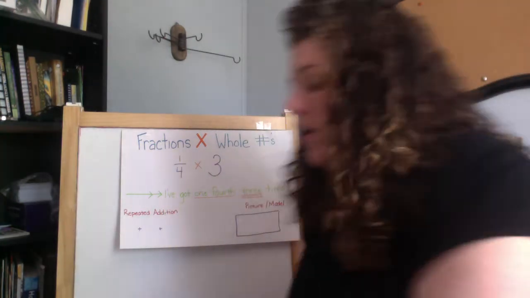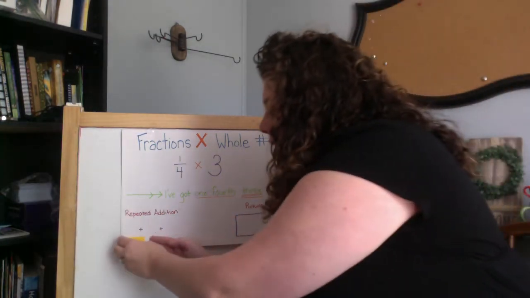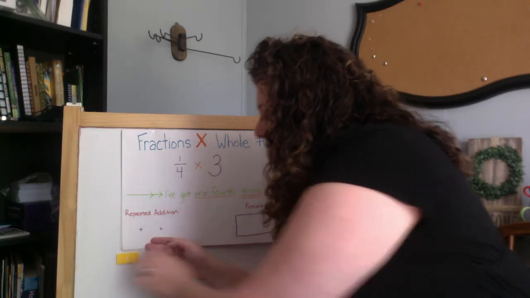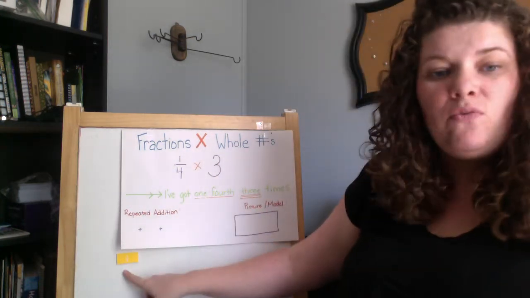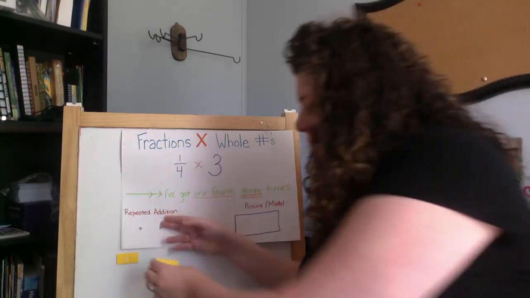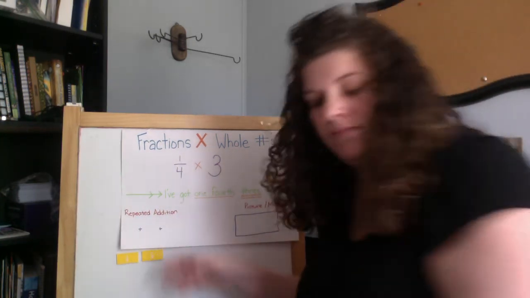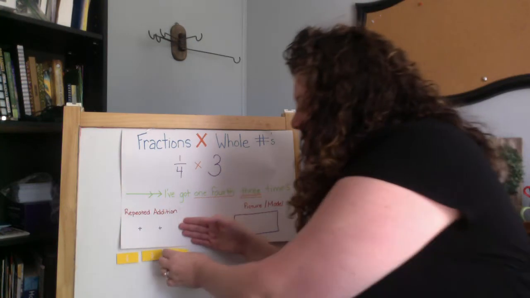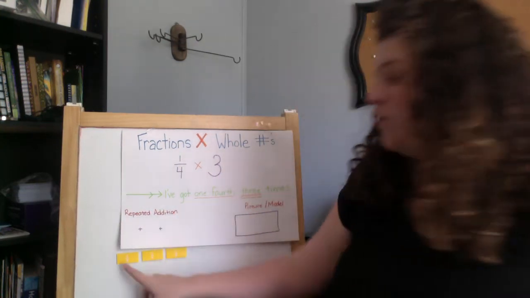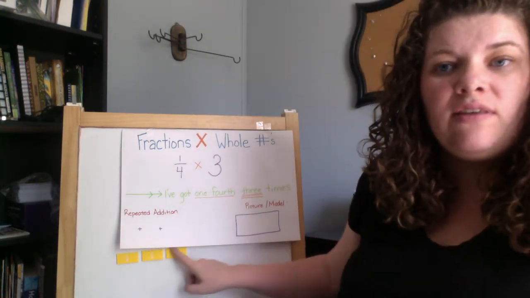Okay? So for my model here, I have 1/4 3 times. So here I have it 1 time, 2 times, 3 times. So I have 1/4 and another fourth and another fourth.